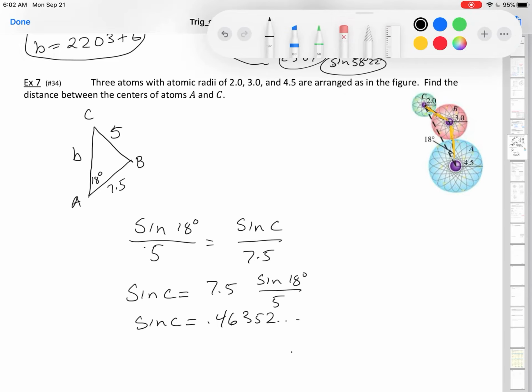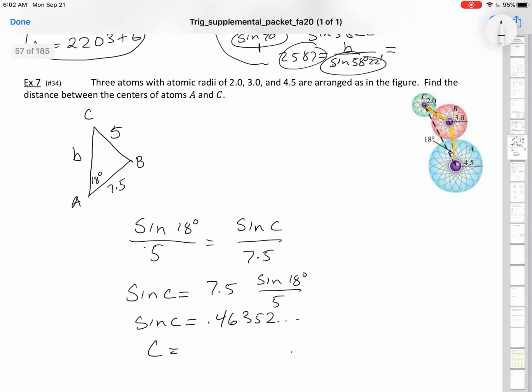So C is equal to sine inverse, and then I'm going to bring up the last answer, this 0.463 guy. And I'm going to get C is equal to 27.6 degrees. 27.61, but I'll do 27.6.